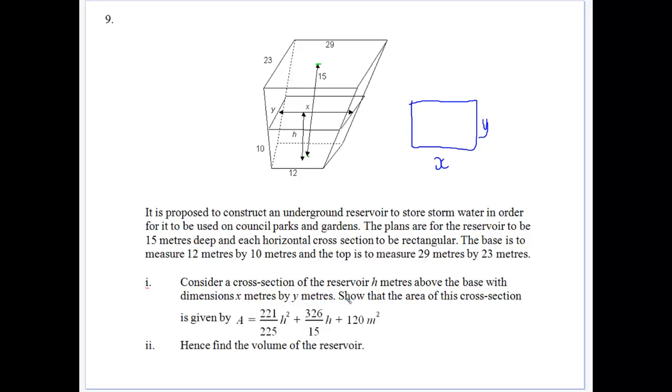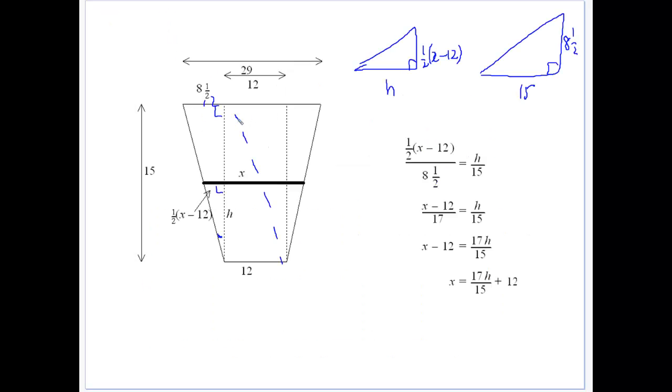We want to do what we did before and get an area in terms of h. So we set up our cross sections there. We get our typical cross section from one way, where we've got x, it's 15 there, it was 12 and 29 there. If we create two triangles there, we're able to get some functions.